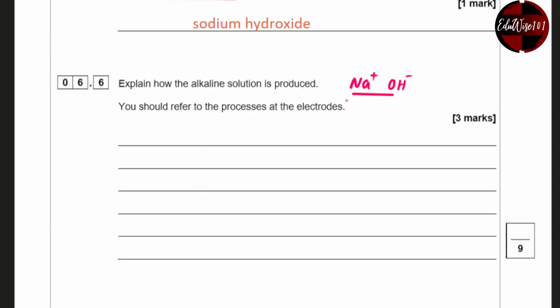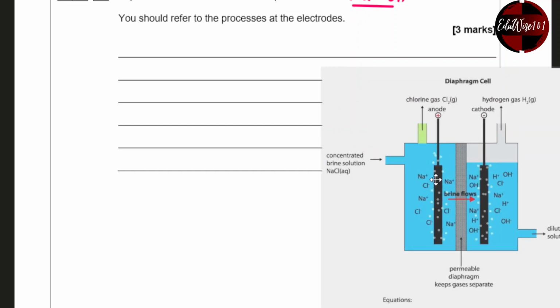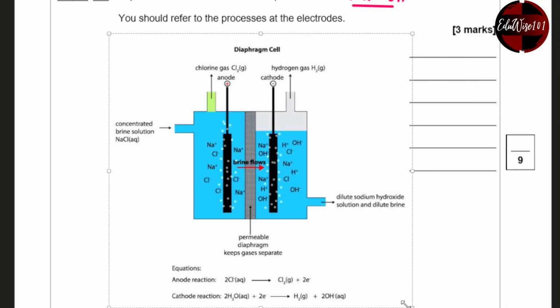But these two are not actually reacting at the electrodes. At the electrodes, something else is happening. Let me bring a diagram to explain this, because students often struggle with electrolysis questions.